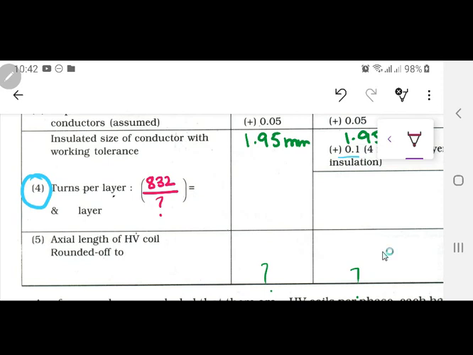Here in this case they have taken this number equal to 17. I am taking the book value, but 832 is not divisible by 17. So give me a number that 832 is completely divisible by.